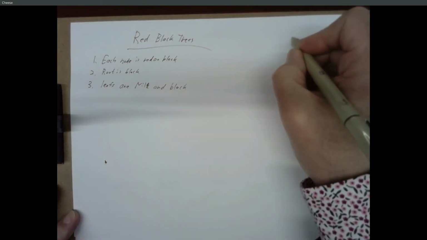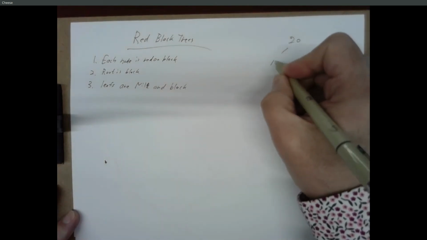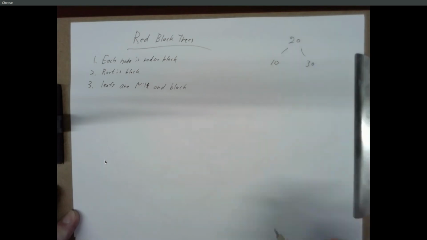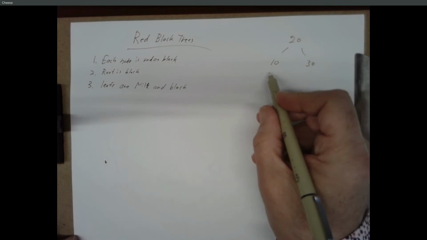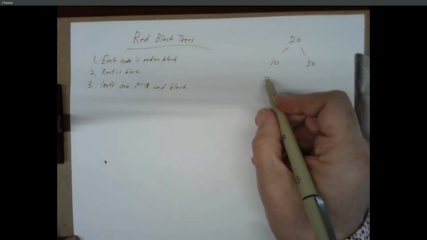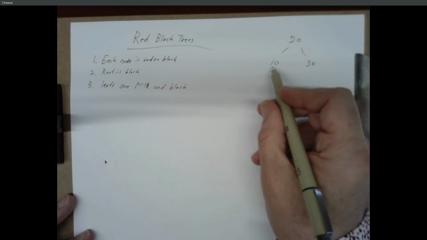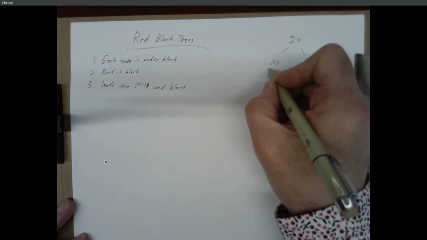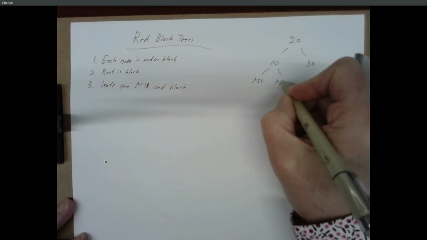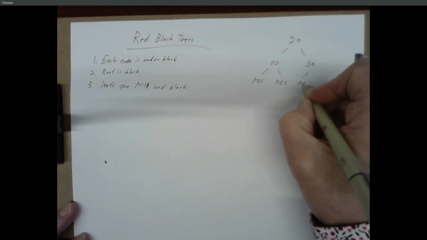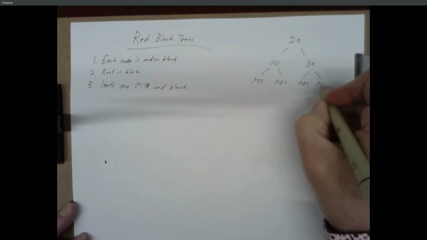Suppose you have a tree like this, 20, 10, 30. Sometimes nodes have 1 child, sometimes 2 children, sometimes no children. In the case where there's no descendant, we imagine 1 extra child, which is called nil. So these are basically our null pointers.